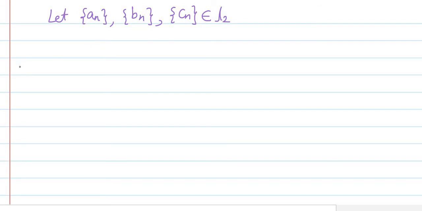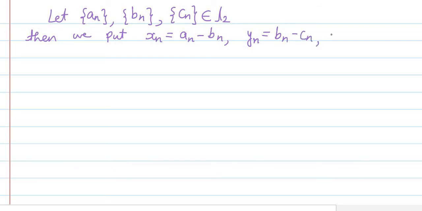Then we put Xn equal to An minus Bn, and we put Yn equal to Bn minus Cn, for all n belongs to N.